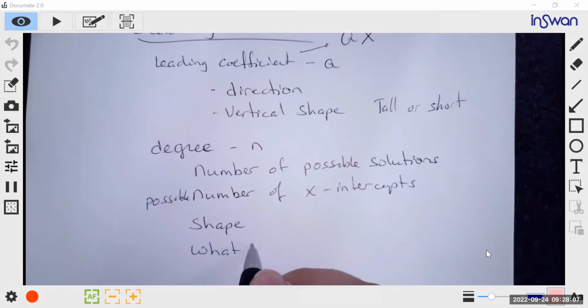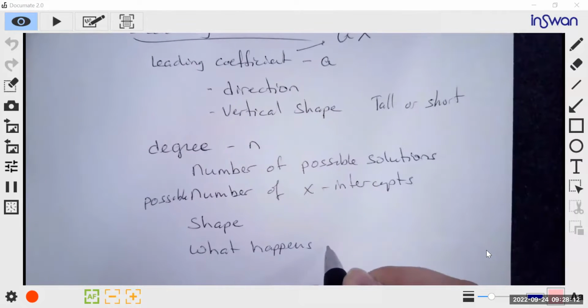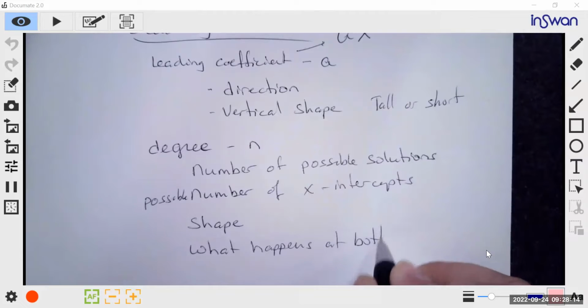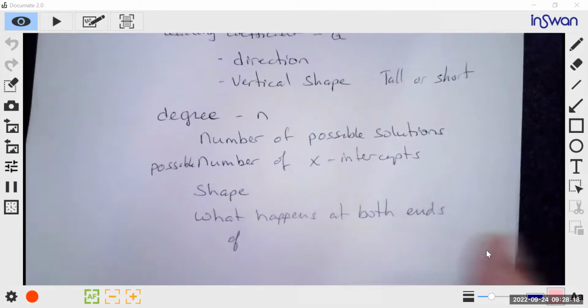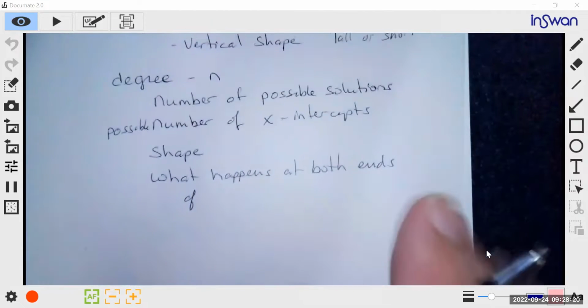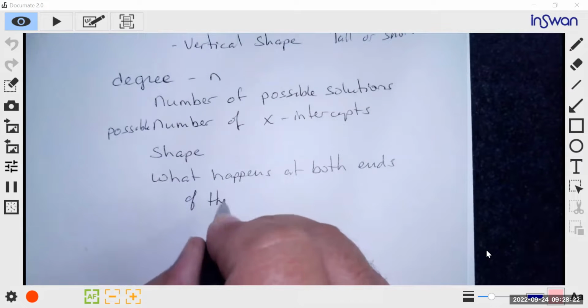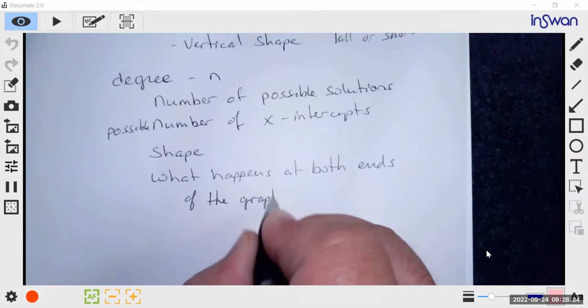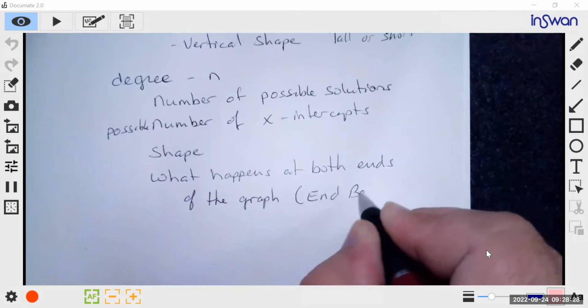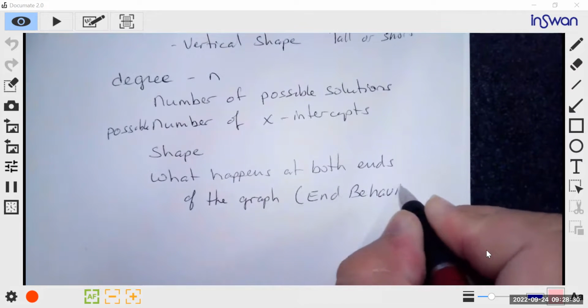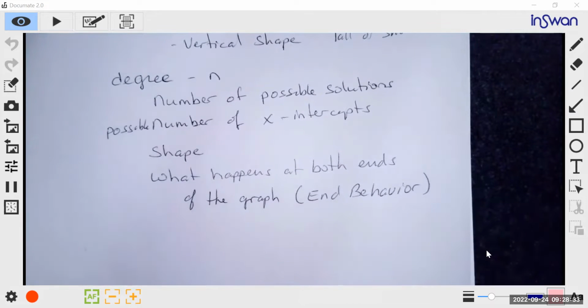And it tells us what happens at both ends of the graph. That is called end behavior.